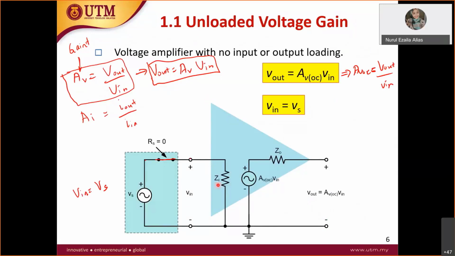All right, so this is the output circuit of the amplifier, where this is actually the common amplifier model. We will be using this type of common model in the AC analysis. So AVOC V in, Z out, and V out is equal to the AVOC V in, input equal to the output.